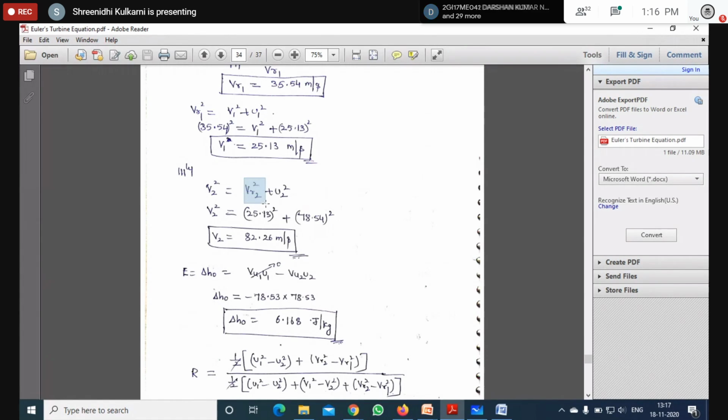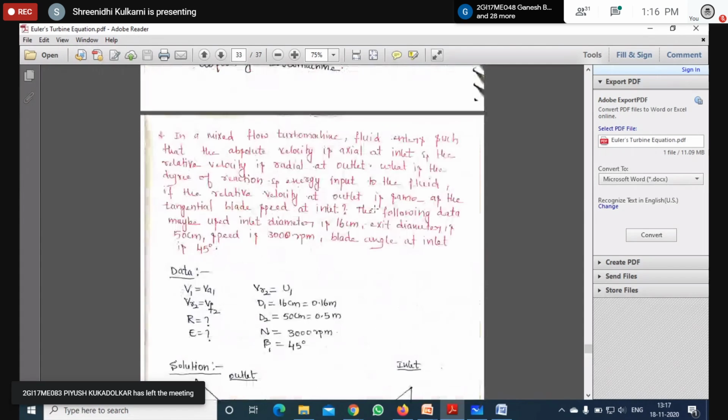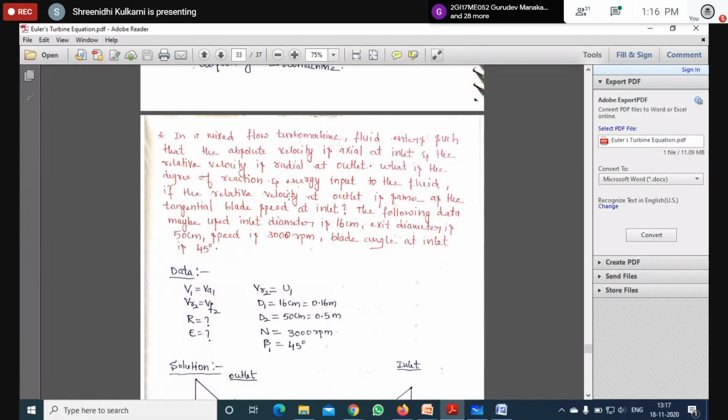If you have any doubt, VR2 square means the relative velocity at outlet. As per the statement, VR2 is equal to U1: the relative velocity at outlet is the same as the tangential blade speed at inlet.